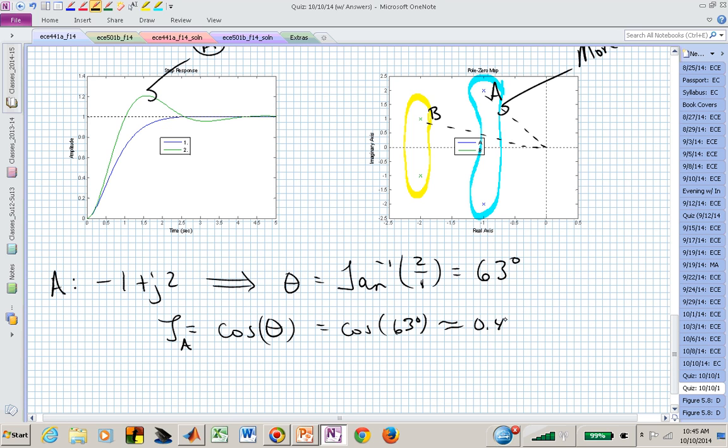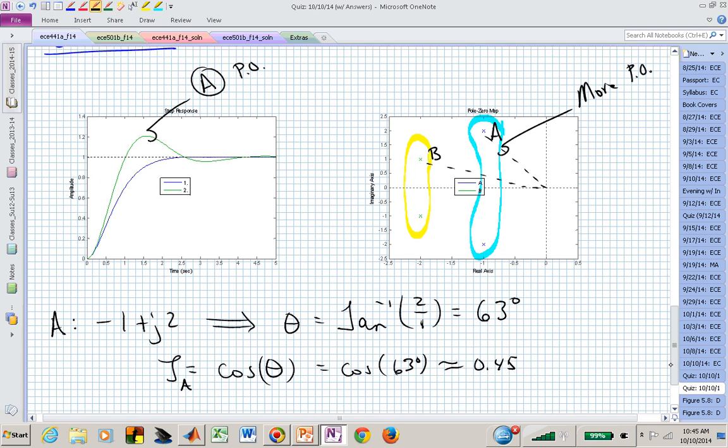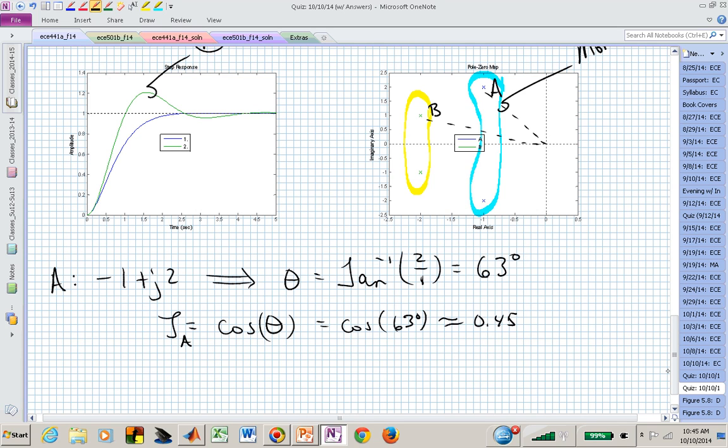is approximately 0.45. Or we could go over to the response and say response curve number 2 has a percent overshoot of approximately 20%.